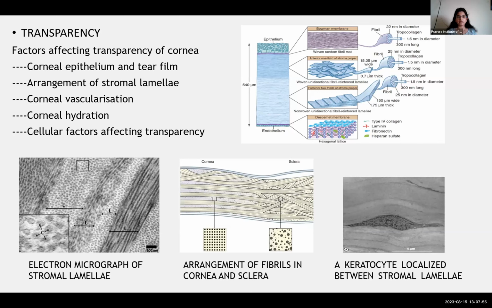Hysteresis is the strain which is brought about due to the shearing stress on the cornea. So when we say it is viscoelastic, it means when we deform it, it will return back to its original conformation. Yeah, very good.